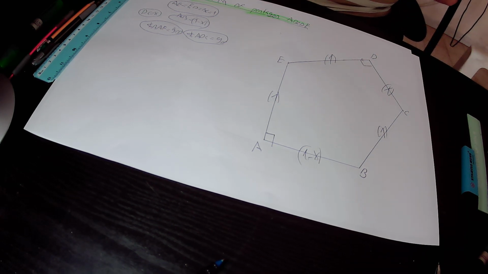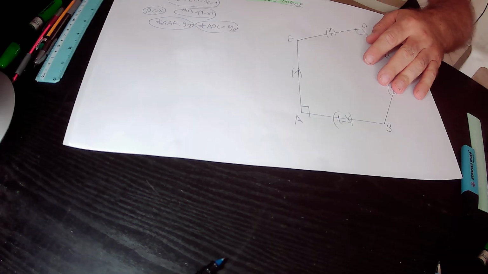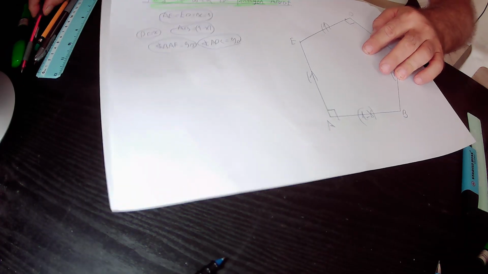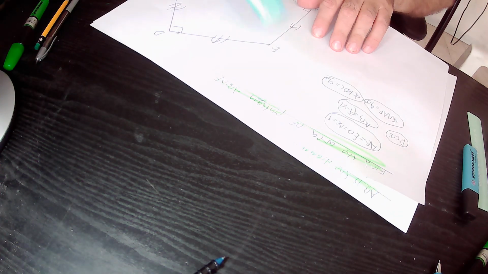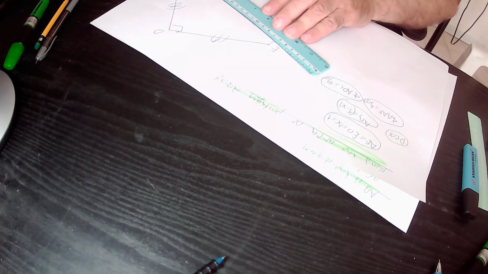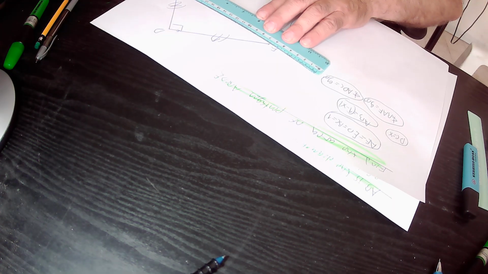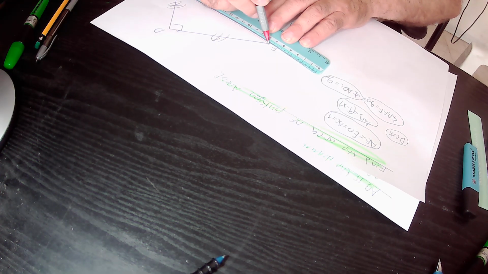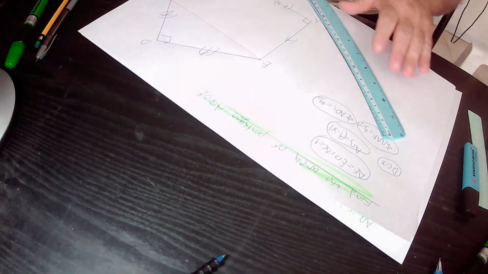So, first of all, we join points E and C together by a straight line. And we join points E and B together by a straight line.